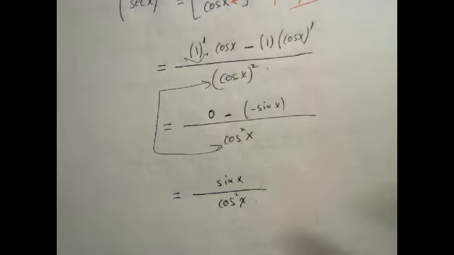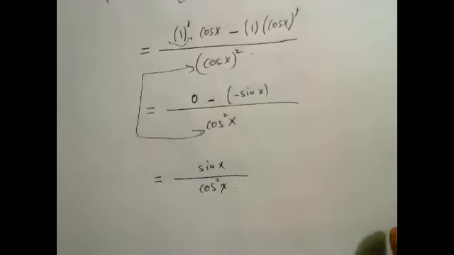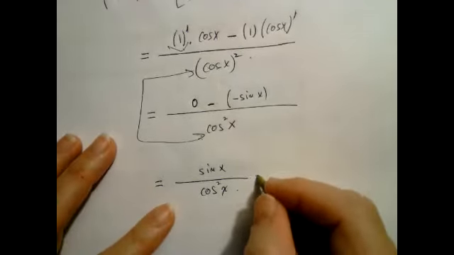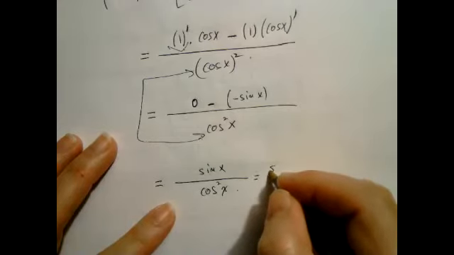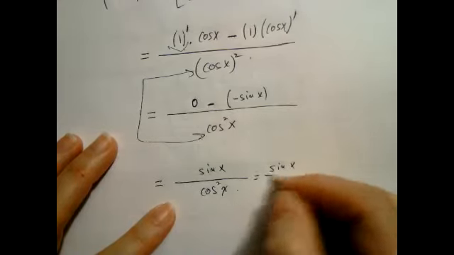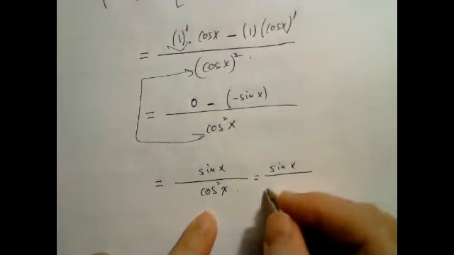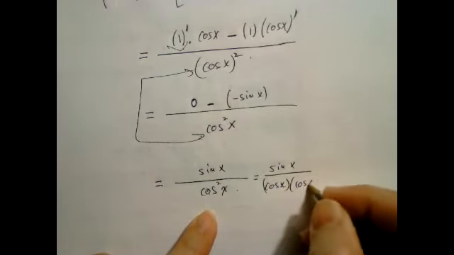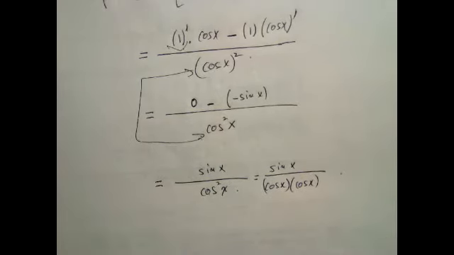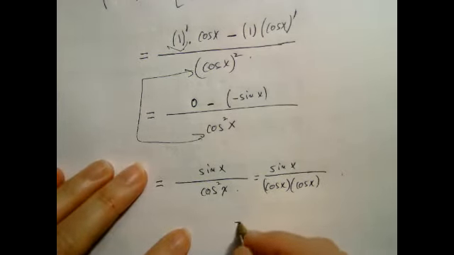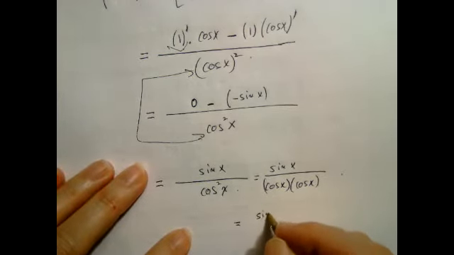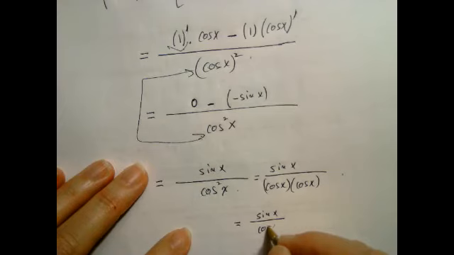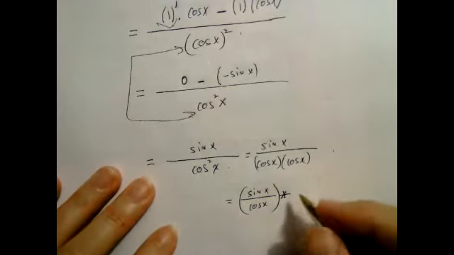Now you can memorize it this way, but usually it's not memorized this way. So that's not how we memorize it. Cosine square is cosine x times the cosine of x. And now I'm going to split it this way. I'm going to rewrite it as sine over cosine times 1 over cosine.